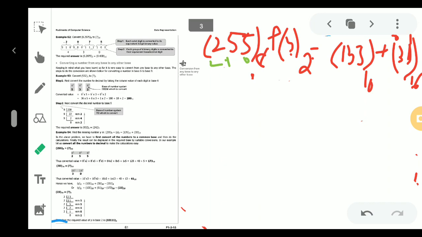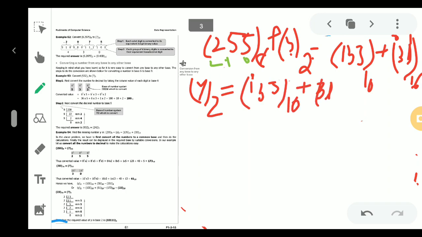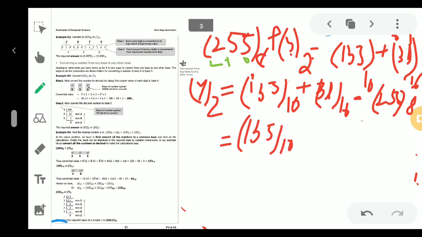The equation is written. To get the y base 2 value, y base 2 is equal to 135 base 10 plus 3D base 16 minus 255 base 8. 135 is already in base 10, so we don't have any issues. 3D base 16 we have converted; its value is 61 base 10.